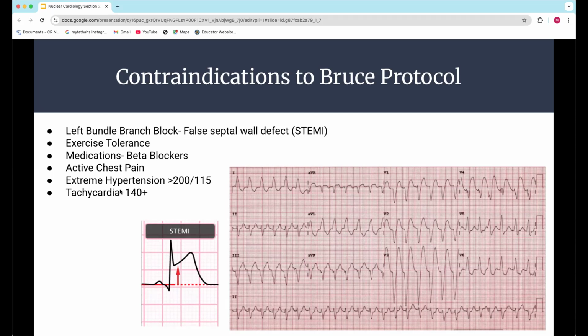And so it can give you a false test where you're going to get a resting scan that's dilated, a stress scan that's dilated, and you're not going to be able to compare those two and make any kind of assumption or difference. Okay, so those are your contraindications to a Bruce protocol.